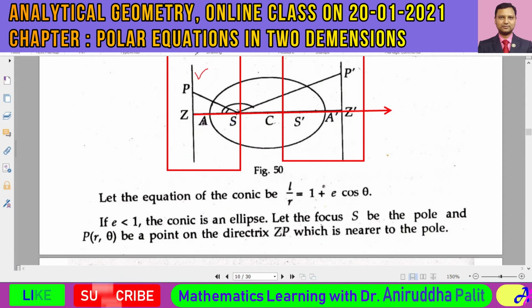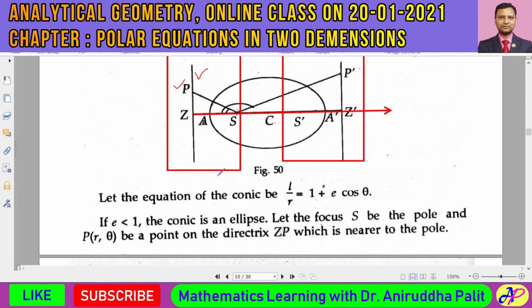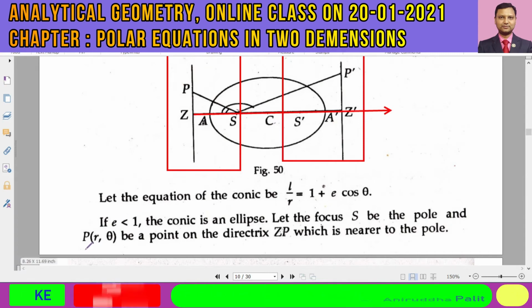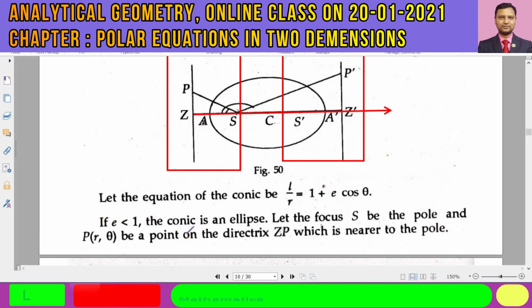That's why on this straight line we take any arbitrary point P. Got it? Suppose r and theta are the coordinates of this point P, r comma theta.